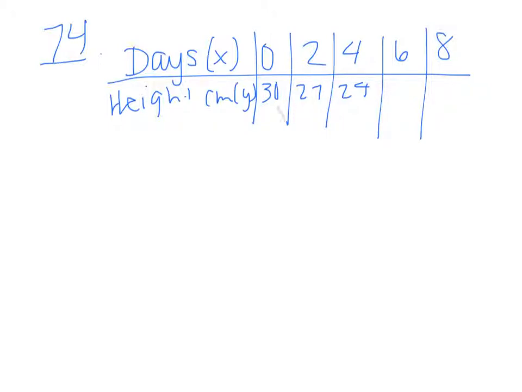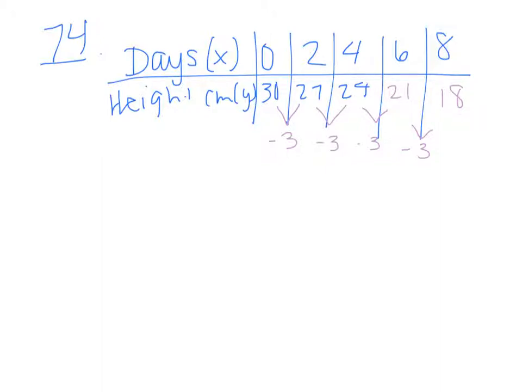As I look at my y values from 30 to 27, I can see I'm decreasing by 3. 27 to 24, decreasing by 3. So we're going to subtract 3 from 24 to get 21, and then subtract 3 from 21 to get 18. So we are decreasing each time by 3 centimeters.